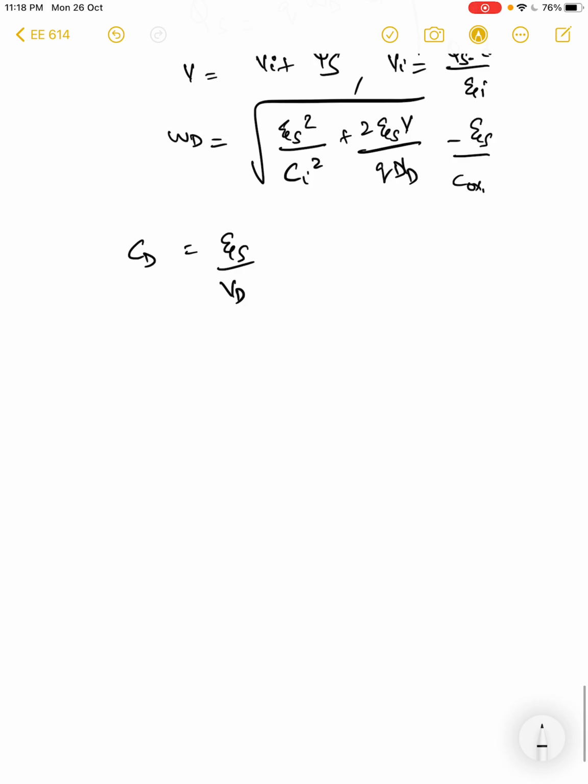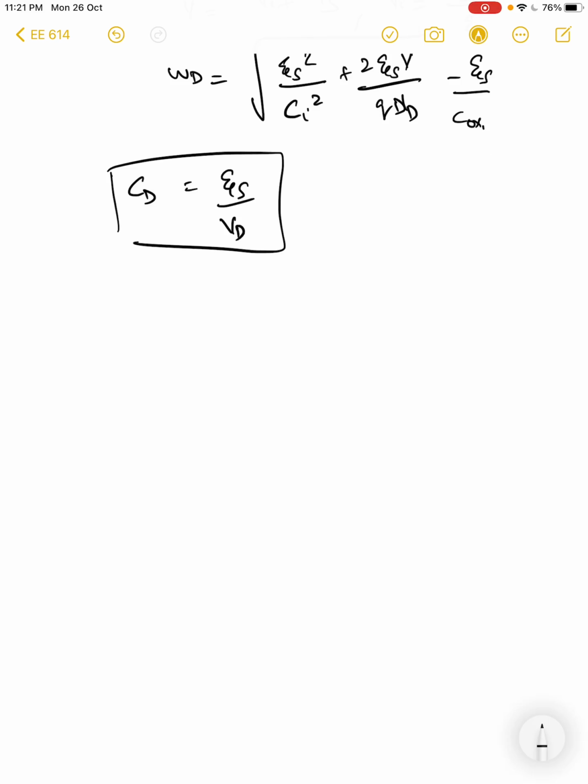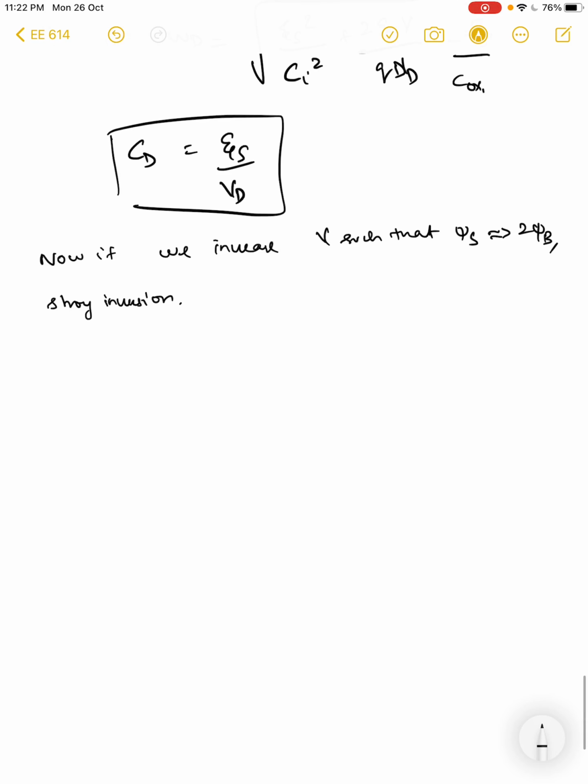So if we increase V such that psi s is equal to or greater than 2 psi b, then you reach what is called strong inversion. But this is not always true, right? So it depends upon the frequency of operation.